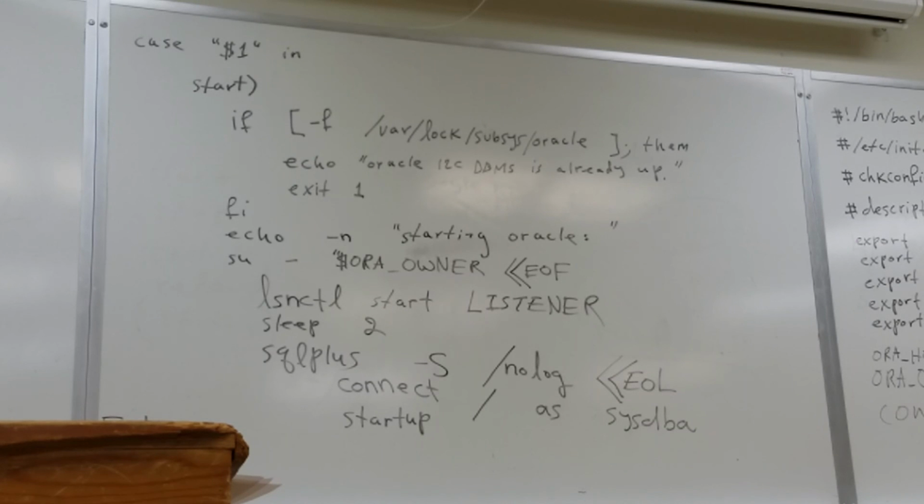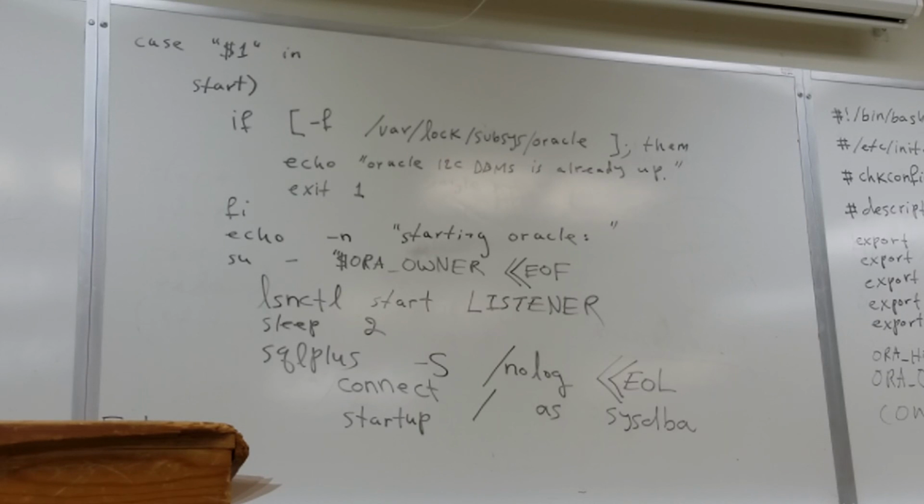It means the job is done. This is the start part. Semicolon, semicolon, because whenever we're using case, you know that the last line of the case should be double semicolon.